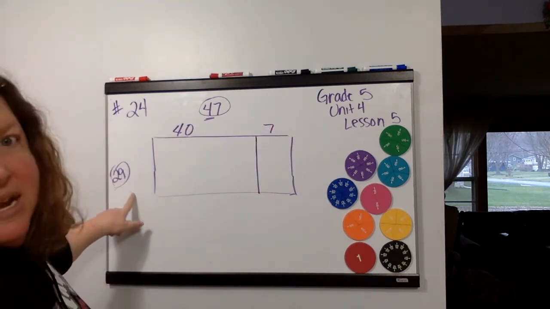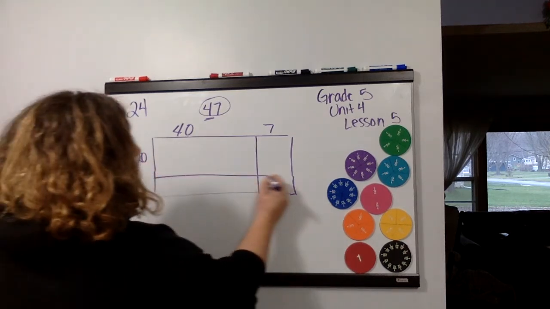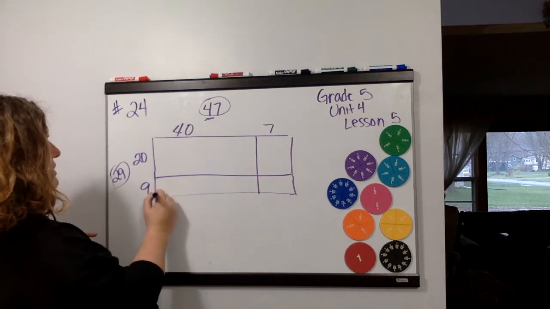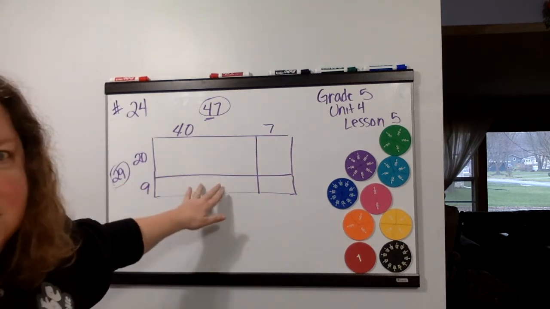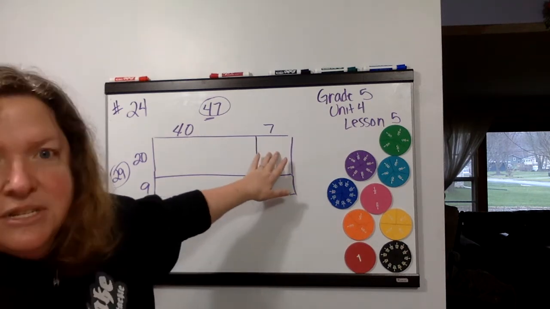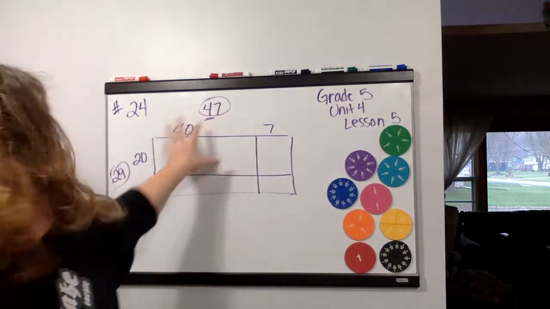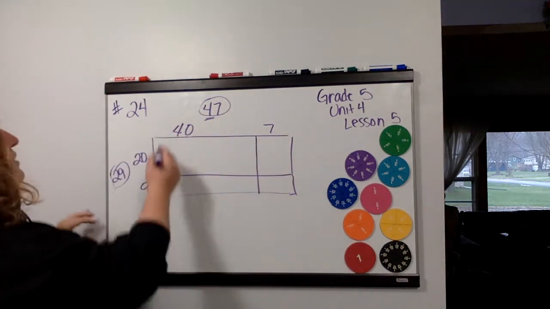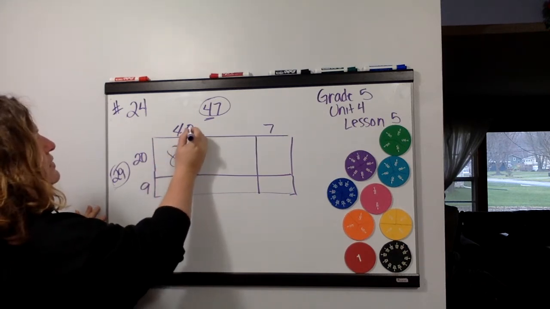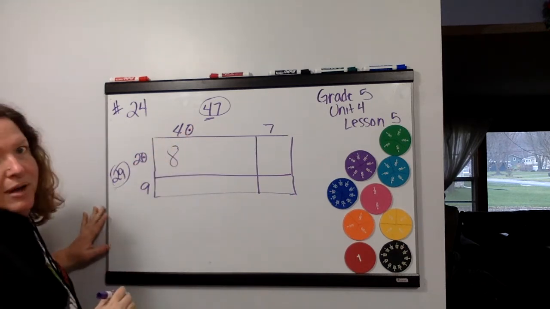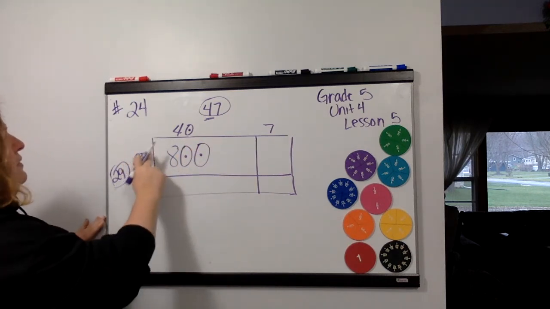I'm going to take the 29 apart into the 20 and the 9. And then I'm going to find the area of each of these individual sections of the rectangle to find out how big their area is. Multiply 40 times 20. 4 times 2 is 8. There's 2 zeros in the problem, so there's 2 zeros in the answer.